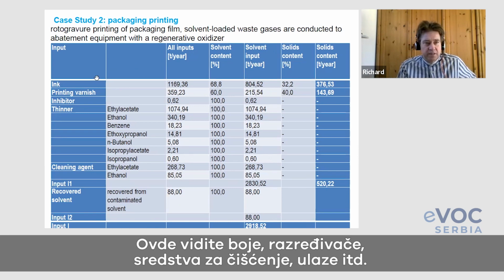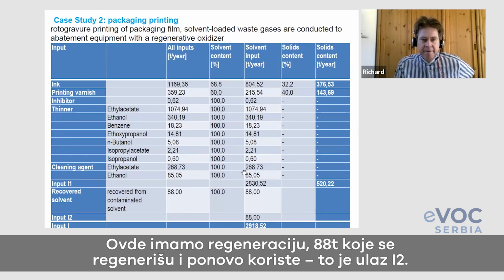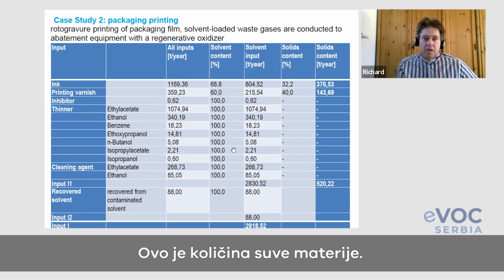So here you see the ink, thinner, cleaning agents, inputs, and so on. Here we have a recovery. So you see, we have here 88 tons that are recovered, but they are an input I2. That is the quantity of the solids.